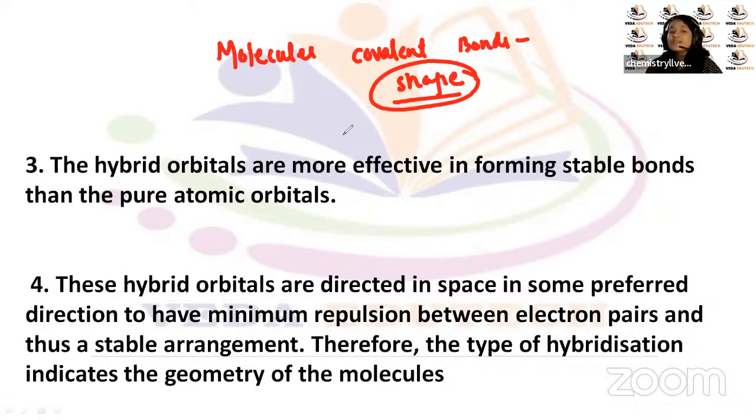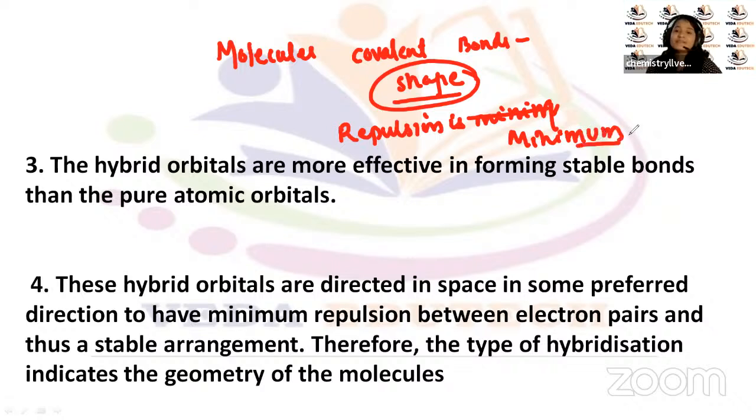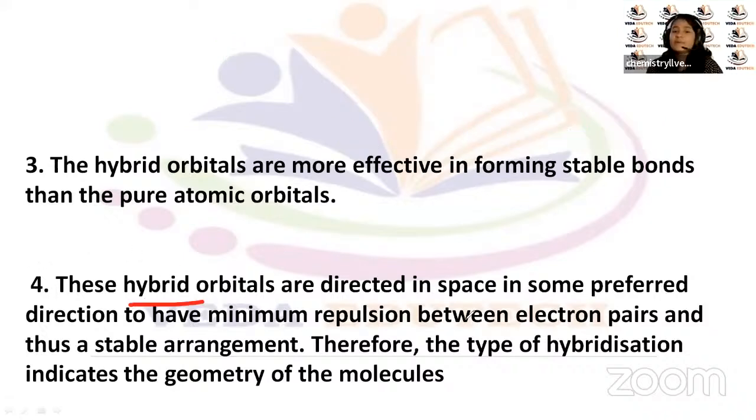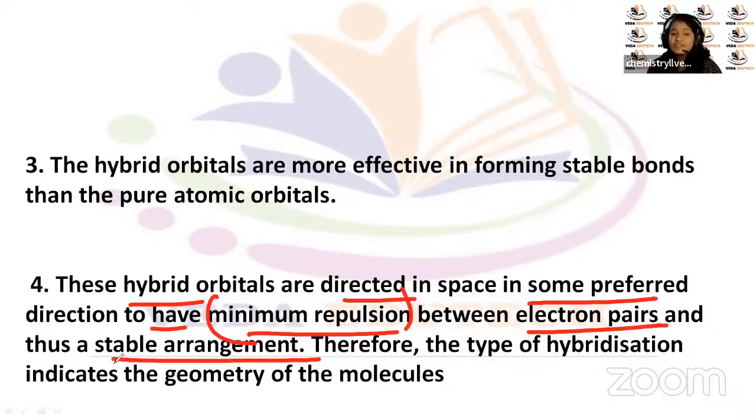So that the repulsion is minimum, the distance is maximum and the repulsion is minimum. These hybrid orbitals are directed in space in some preferred direction to have minimum repulsion between the electron pairs and thus a stable arrangement.